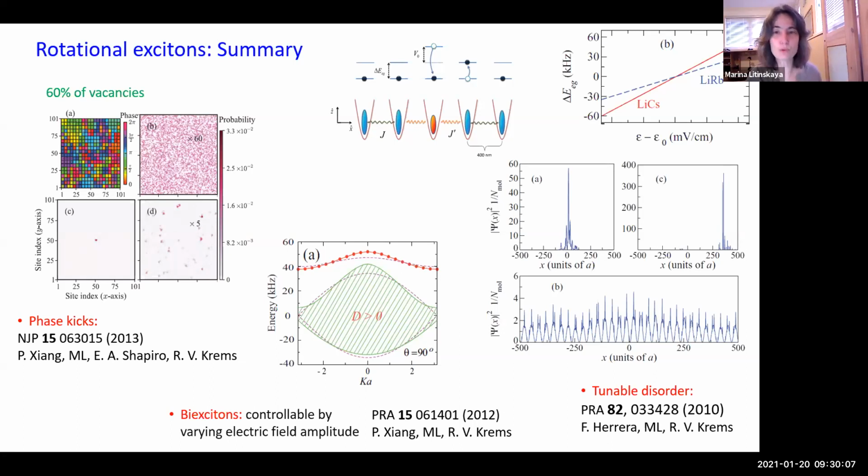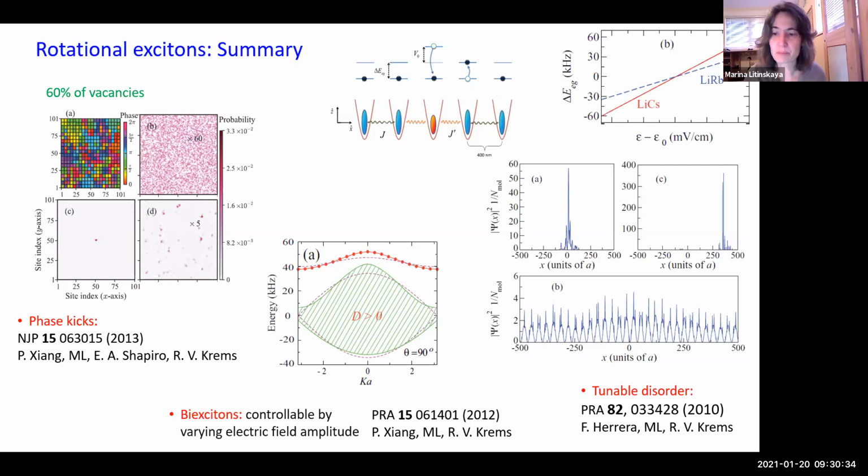There is a whole zoo of various controllable elements. You can speed them up, you can slow them down, you can localize them on a lattice site, you can delocalize them over the whole lattice, you can bind them together, you can control their shape. So it's a beautiful platform for something like, I don't know, quantum memory, gates, whatever.